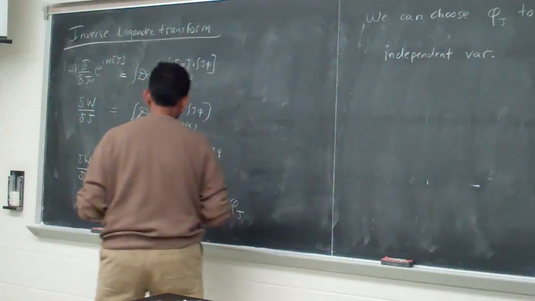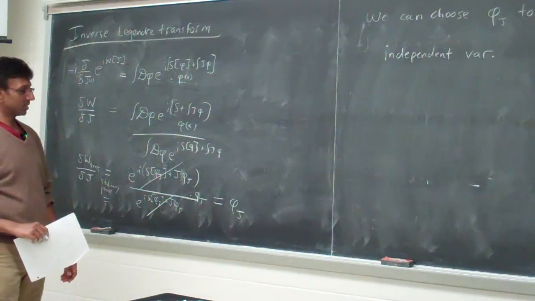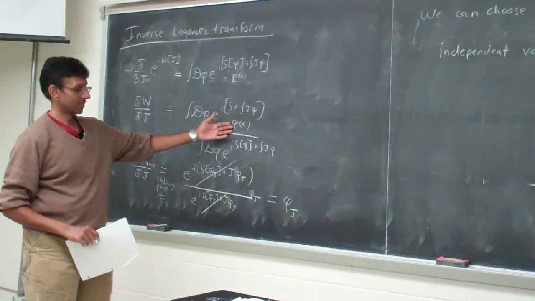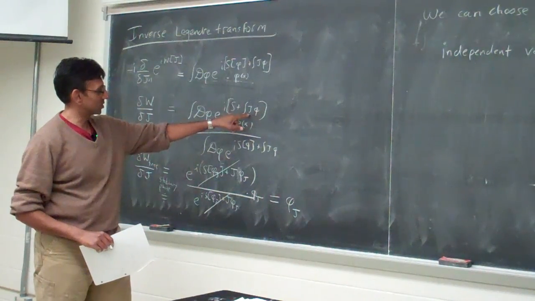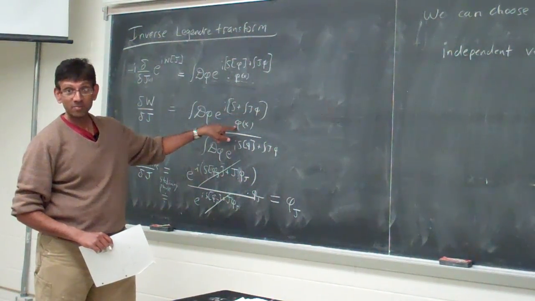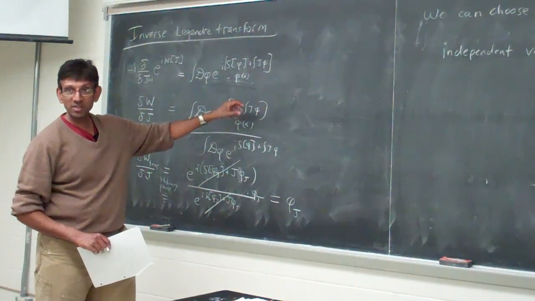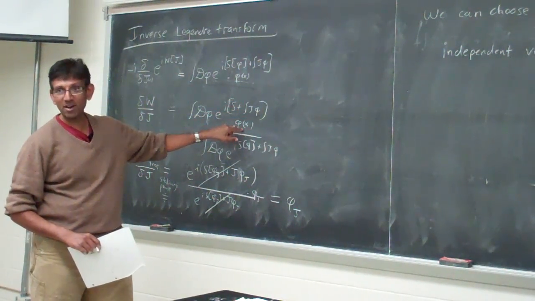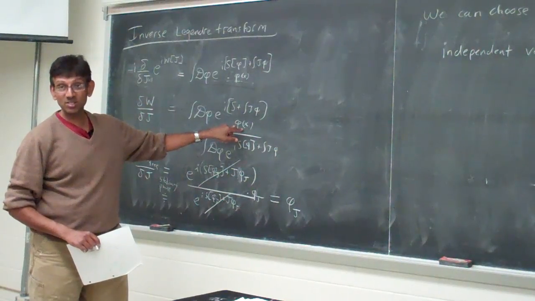So the thing about phi sub j is you can dial it. You can dial it by jiggling the j. Whatever particular phi you want, just keep turning the handle on this j until you get the phi you want. That's what it means to start thinking of it this way.